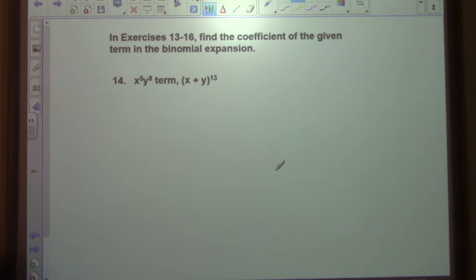Just do that one, because then it would be flipped. But remember, switch it. You're going to get the same answer. I got 117. No, 128.